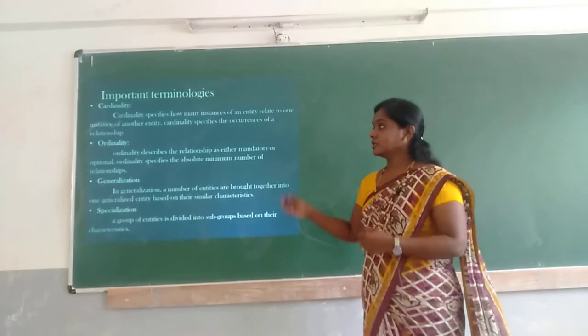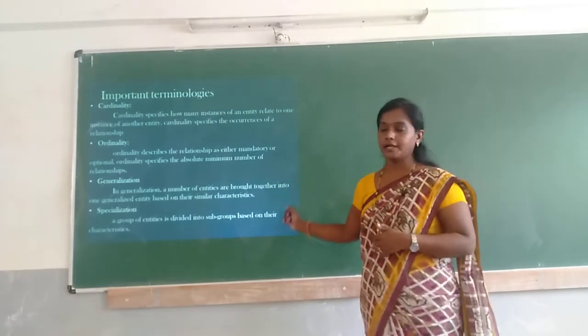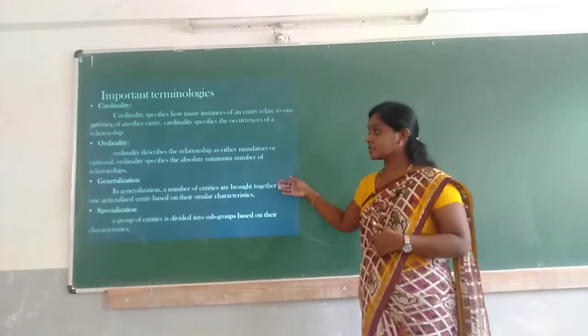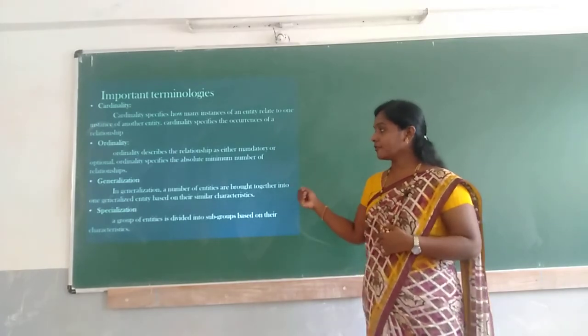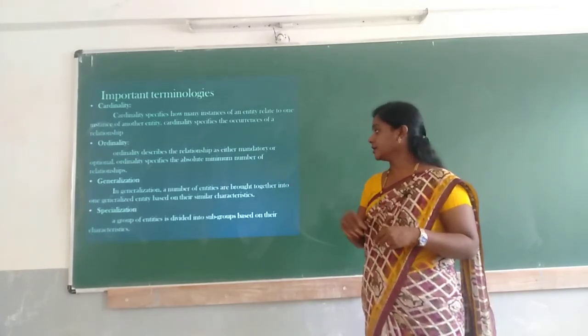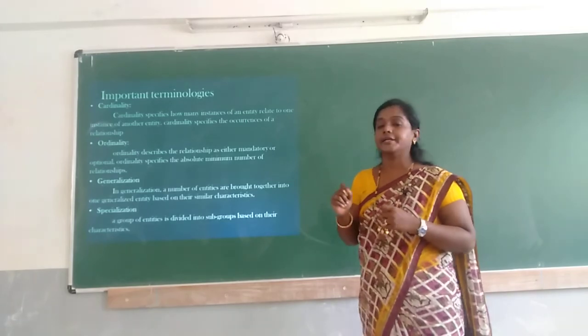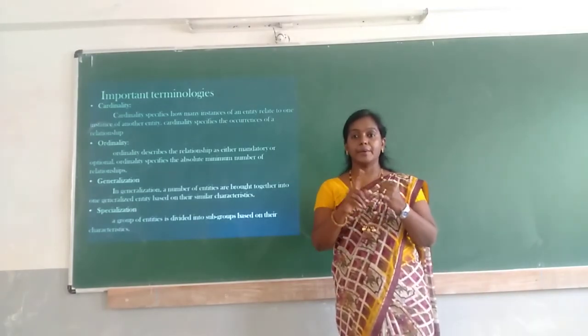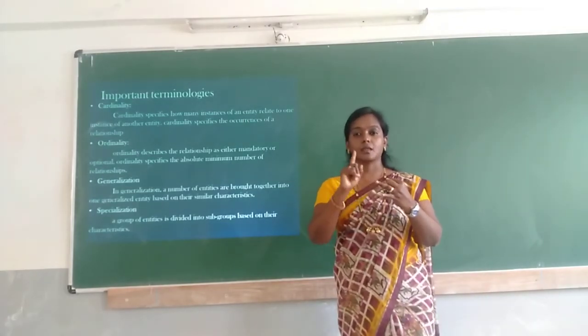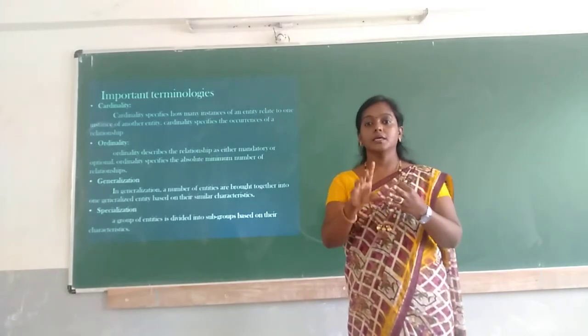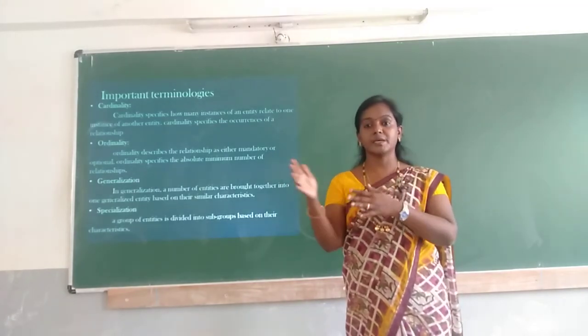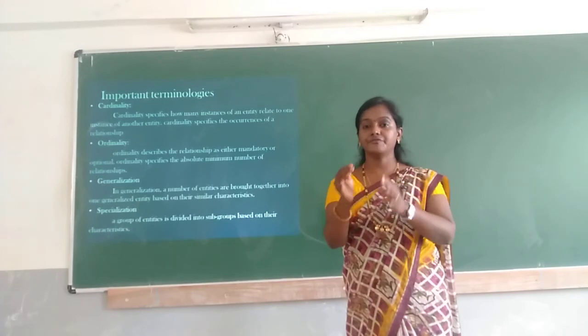Next we have generalization and specialization. Generalization is when a number of entities are brought together into one generalized entity. Like we have a Benz car, an Ambassador car, an Omni. Okay, we have different groups.